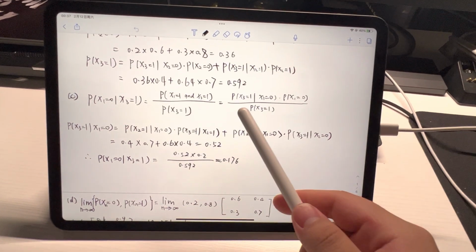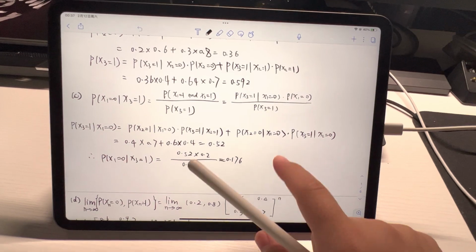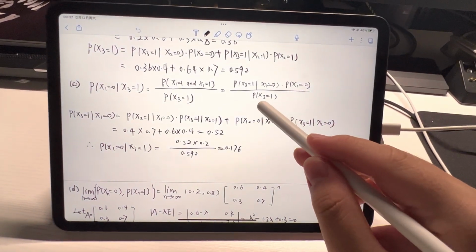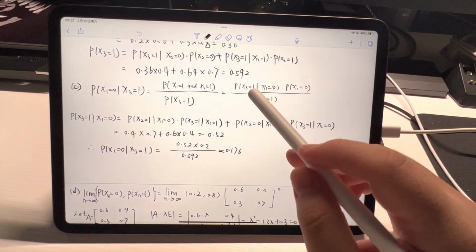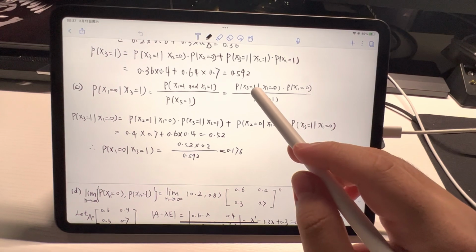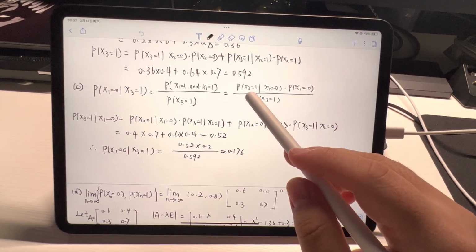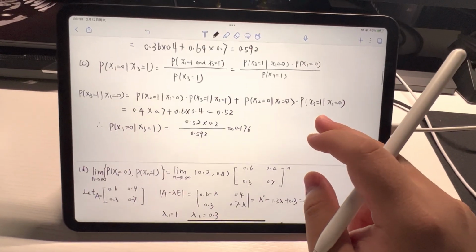Then it could be transformed as this one. So we know the result of this and this in questions A and B. So we just need to solve the conditional probability that X3 = 1 given X1 = 0.